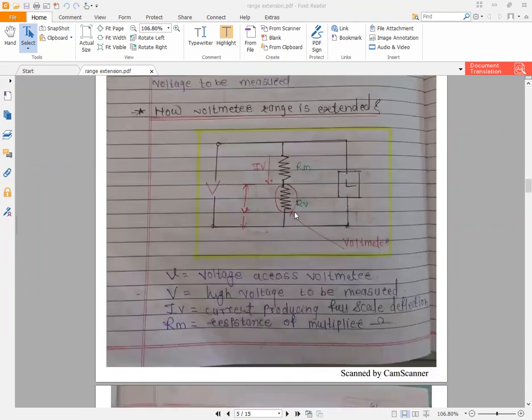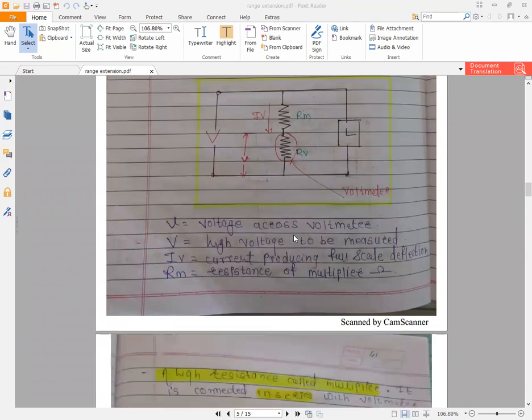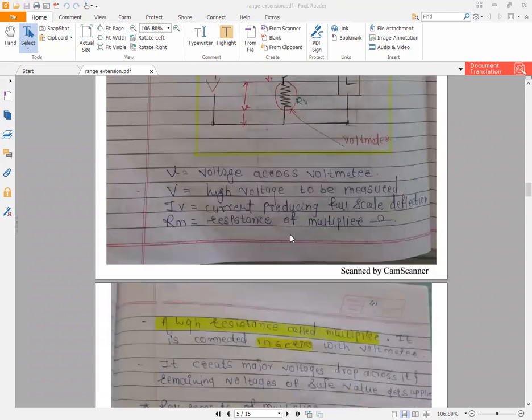Again, similar to the shunt, we have to derive the formula for the multiplier. So let us calculate the formula for our multiplier.